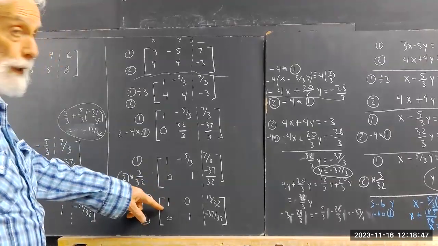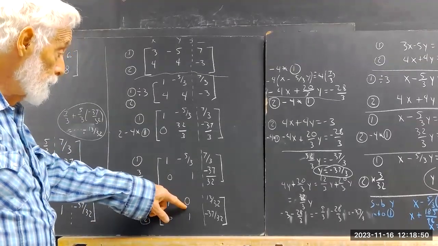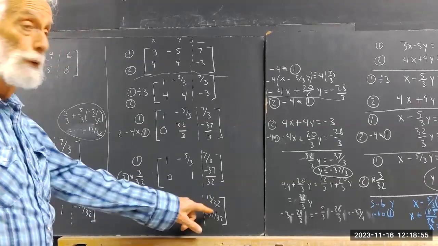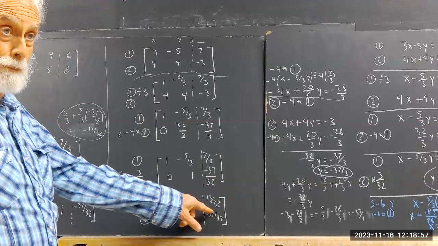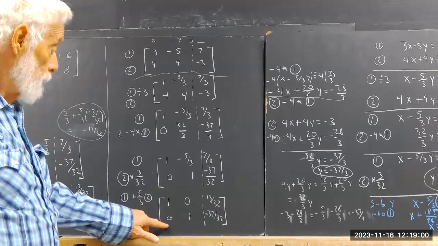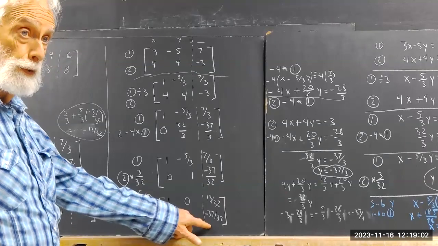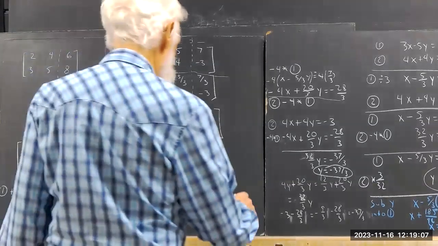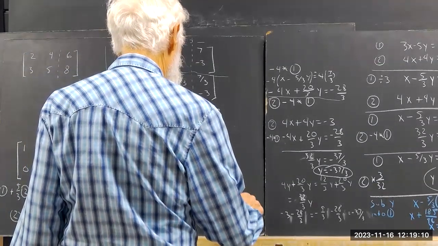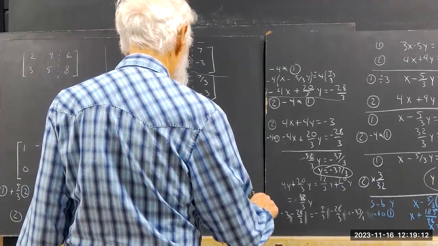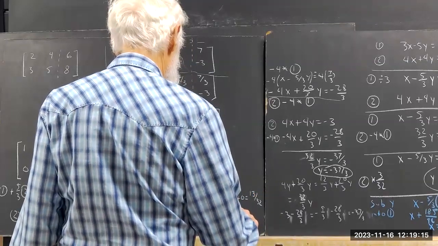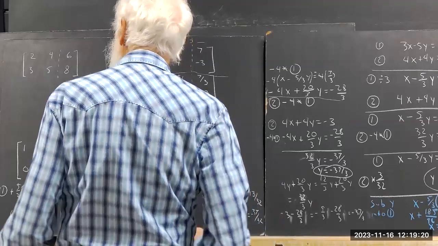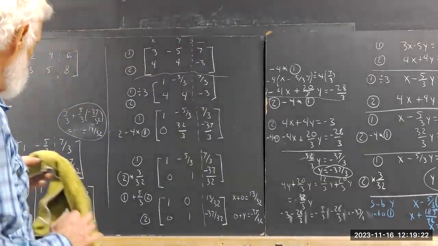This means 1 times X plus 0 times Y equals 13 over 32, which means X equals 13 over 32. And this one says no X's plus a Y equals negative 37 over 32. So Y equals negative 37 over 32. And it's my exact same solution.